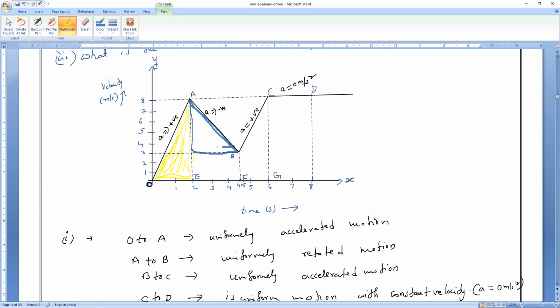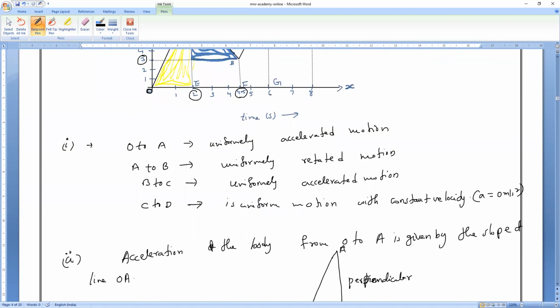It is decreasing, so what is the initial velocity? Initial velocity is 8, final velocity is 3. Initial time is 2. Final time is 4.5.